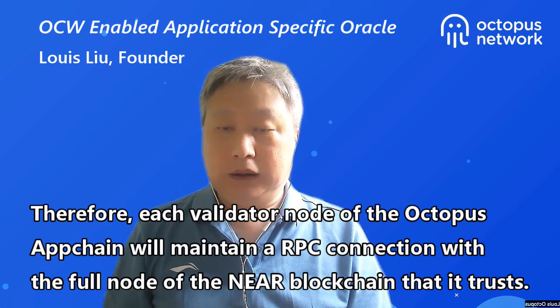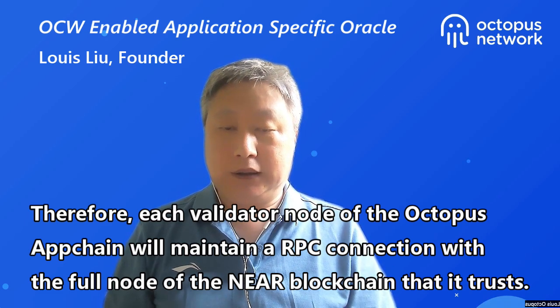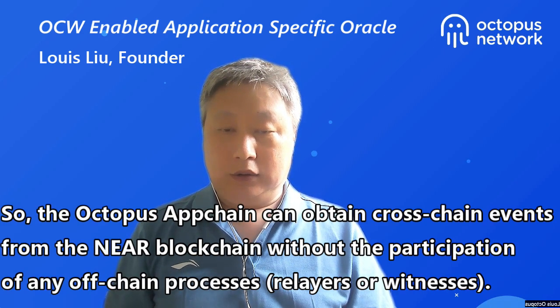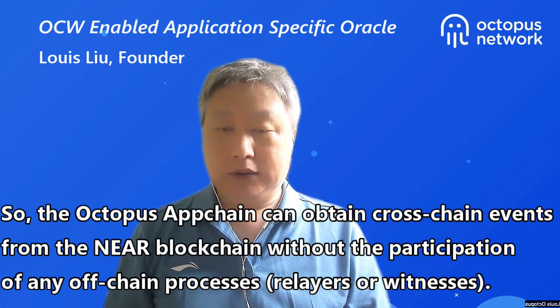Therefore, each validator node of Octopus AppChain will maintain an RPC connection with a trusted full node from the NEAR blockchain. This connection will also enable the validator node to independently observe the NEAR blockchain. So the Octopus AppChain can obtain cross-chain events from the NEAR blockchain without the participation of any off-chain process, relayers, or witnesses.